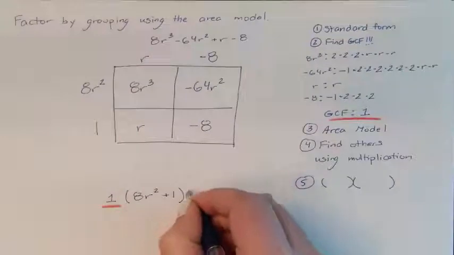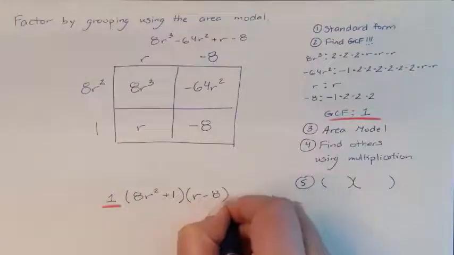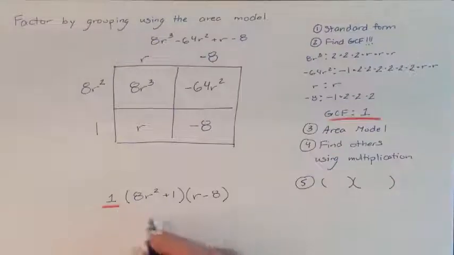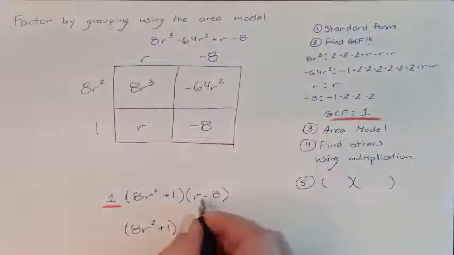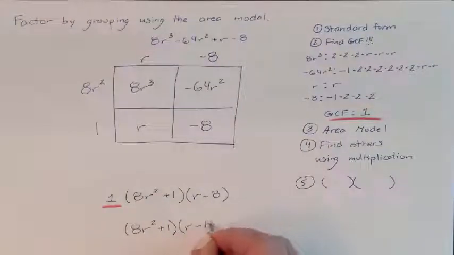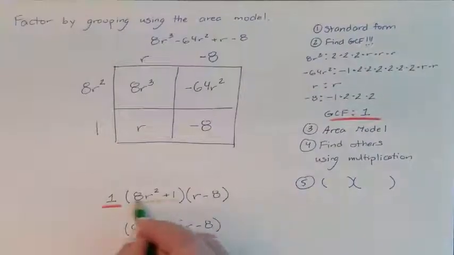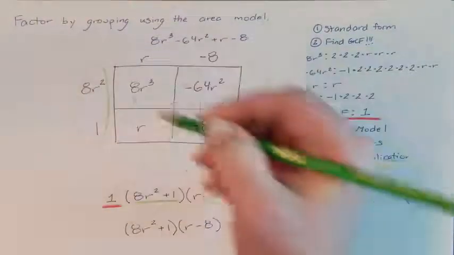This side is the other parenthesis, r minus 8. Now, if the GCF is 1, we tend to not write it. So this answer would be 8r squared plus 1 and r minus 8. And if you need help seeing it, this parenthesis came because that is what this side says.